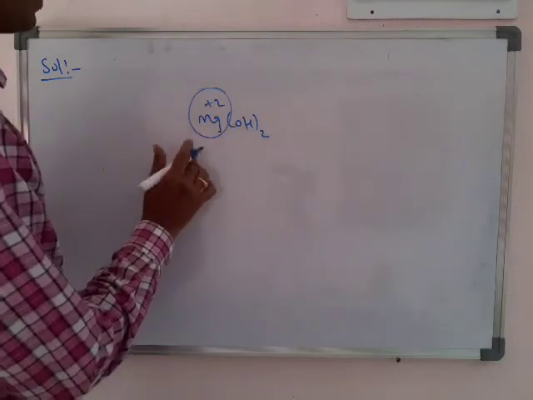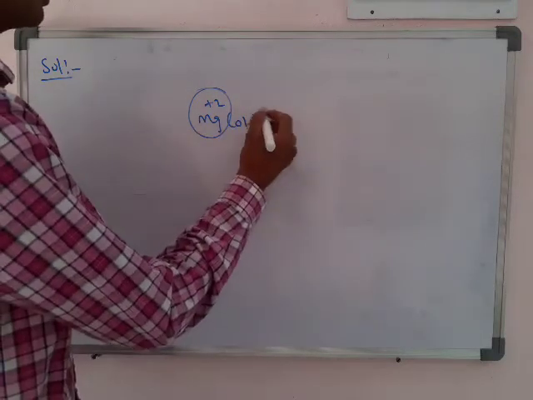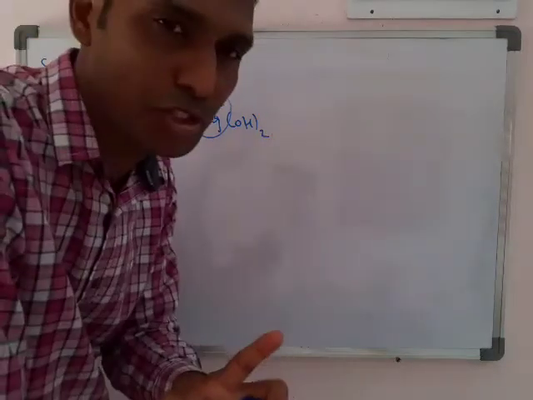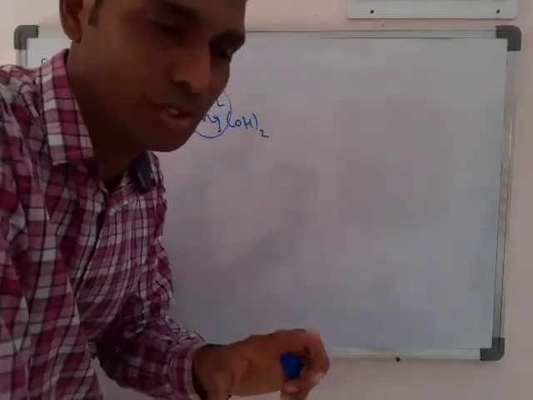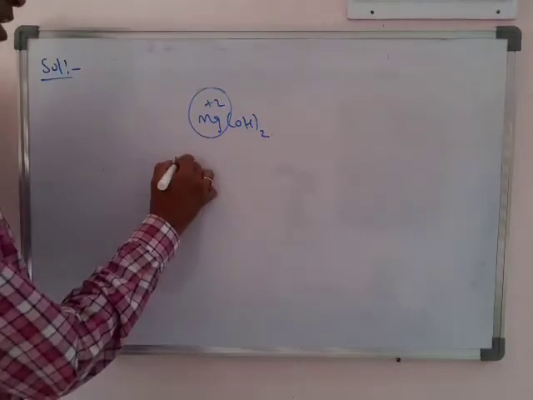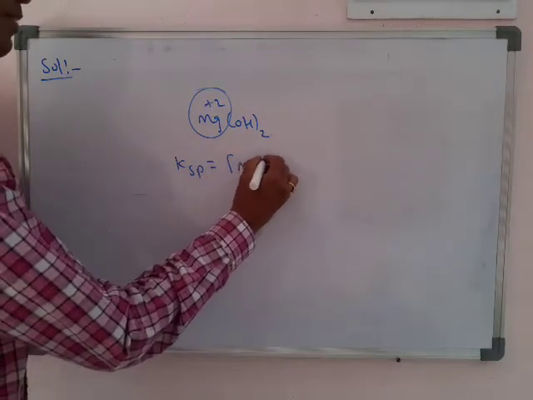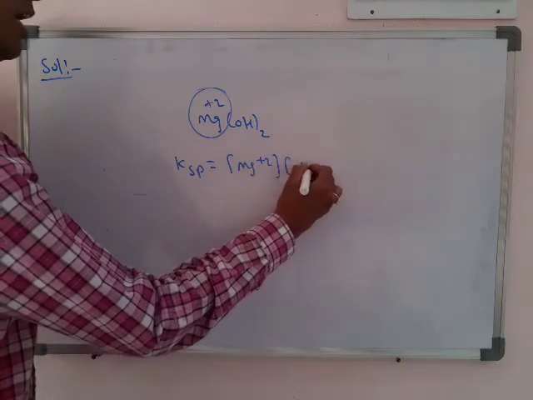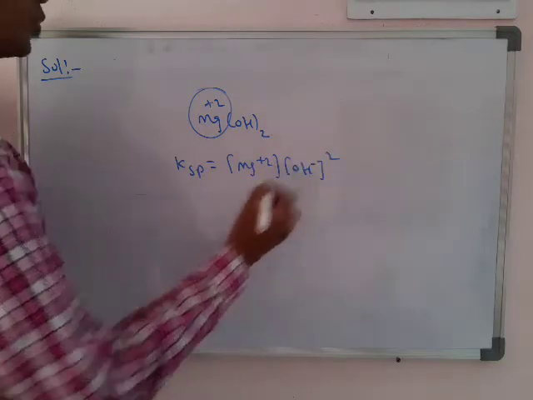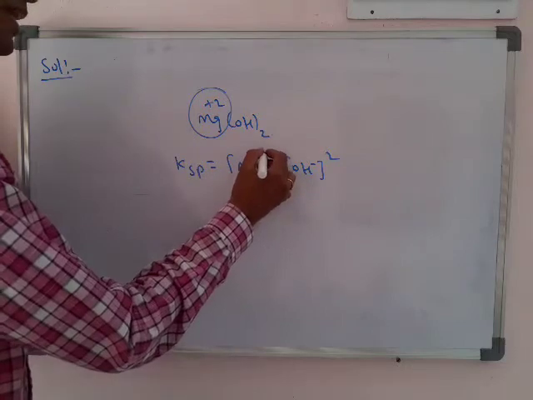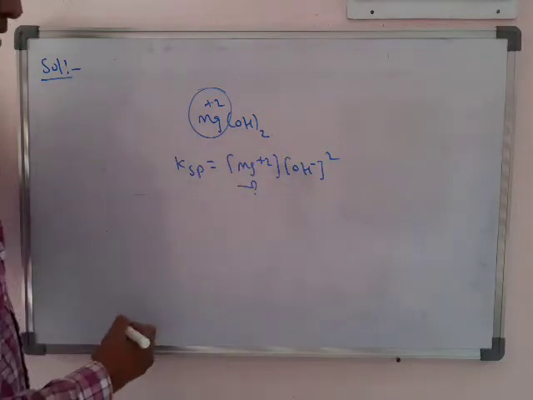To find the Mg plus 2 concentration, we already have the Ksp value of Mg(OH)2 given. Ksp is Mg plus 2 concentration times OH minus concentration squared. We have to find this Mg plus 2 concentration.